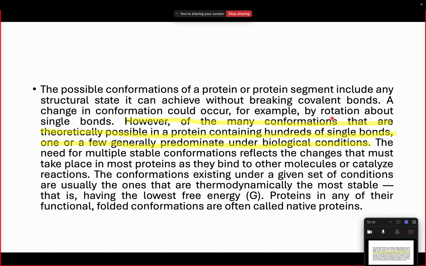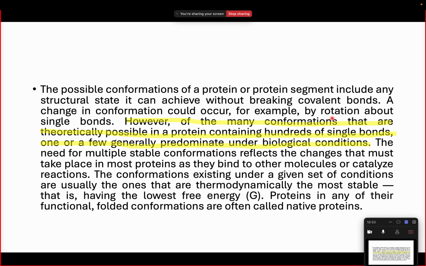But this is not the case. So why is this not the case? Because there are many orientations which are not at all feasible under the physiological conditions. Hence we only see predomination of a few of the states which are present at the biological conditions. Though an infinite number of possibilities are present, yet due to the biological conditions there are restrictions to the available orientations of the functional groups around the single bonds.